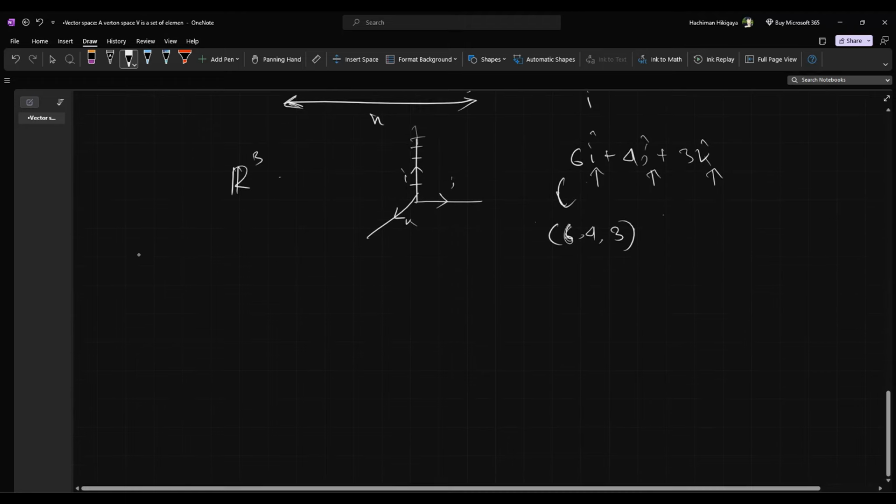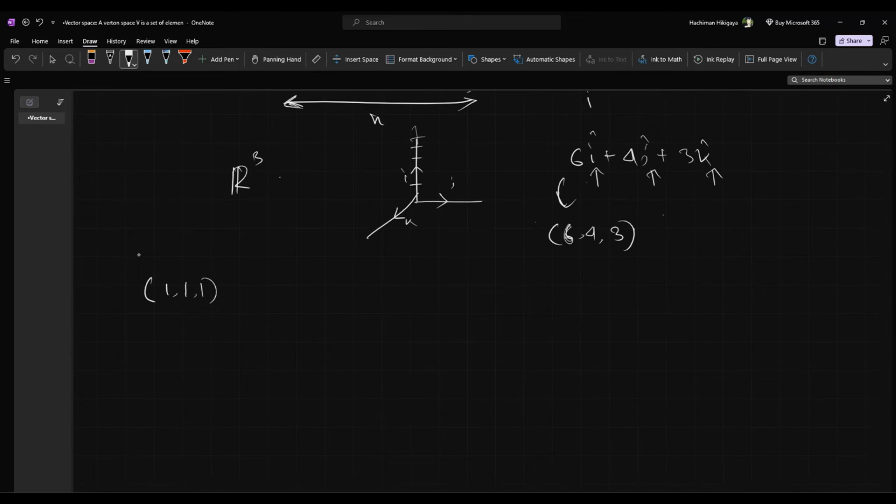In R3, one such list is the unit vectors, and there are many other lists which can act as a basis on R3, but we usually deal with this.